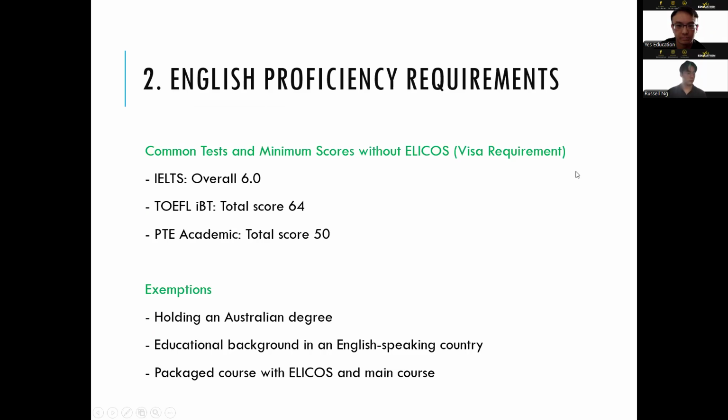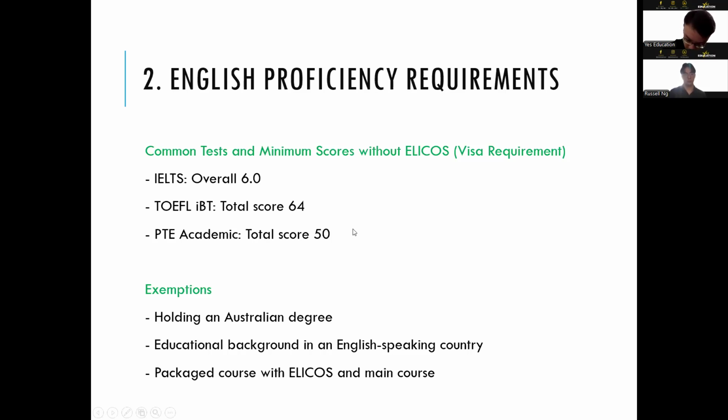And then we come to the English proficiency requirement. There has been an increase in the English proficiency requirement for the visa. So usually for a visa to be granted, if the course isn't packaged with an English course, the student needs to get IELTS 6 overall, or TOEFL 64, or PTE 50.